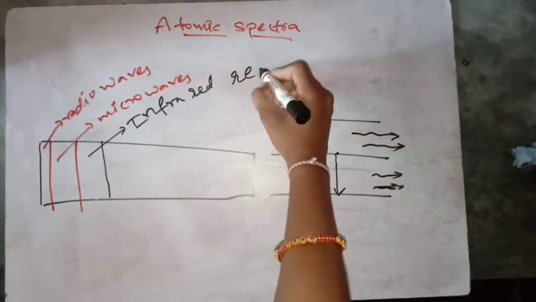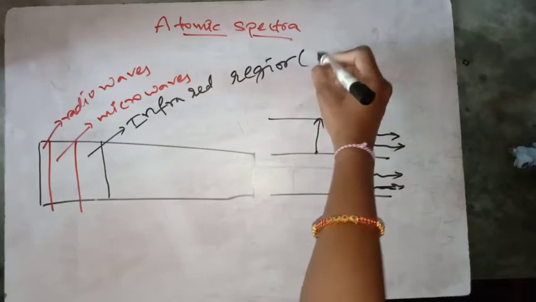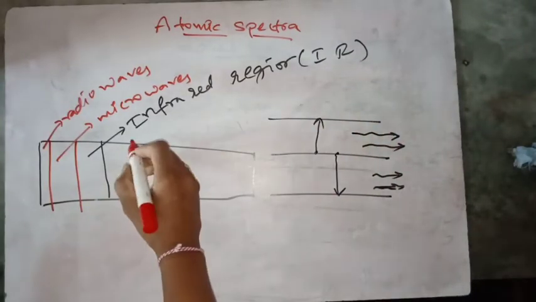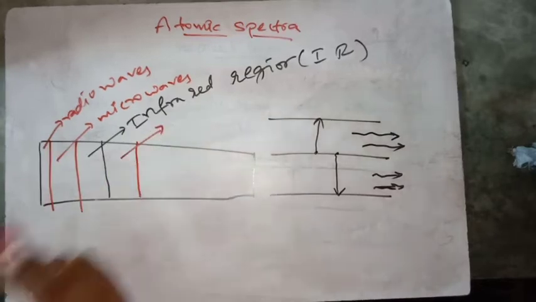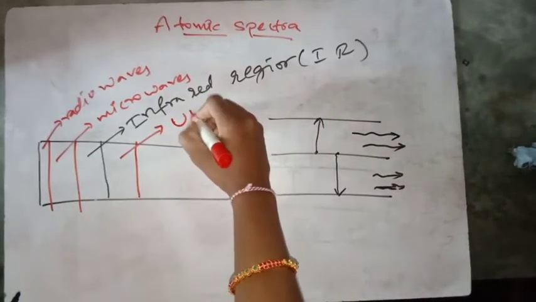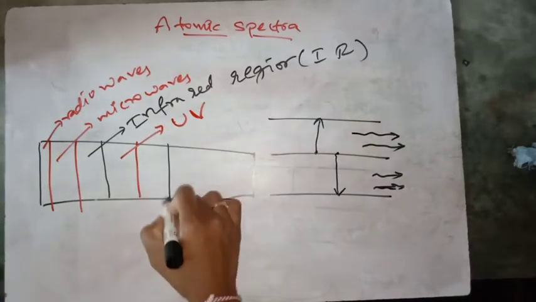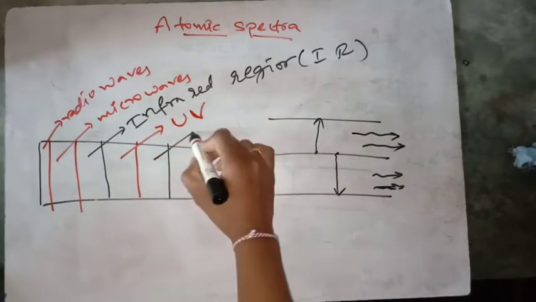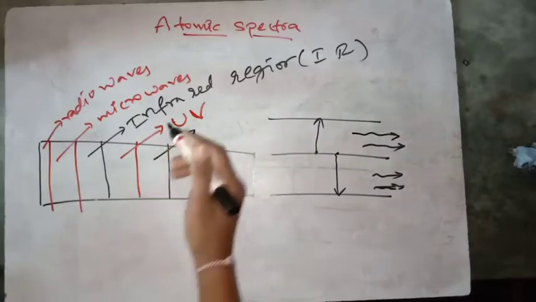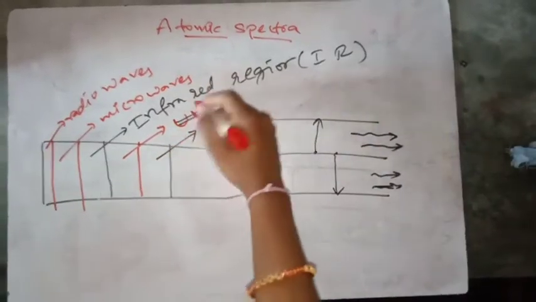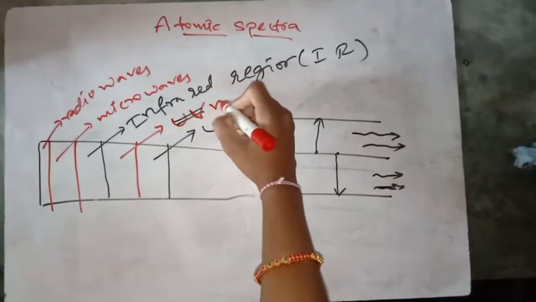Also the wavelength belongs to UV, that is ultraviolet region, and in between UV and infrared region we will have the visible region.